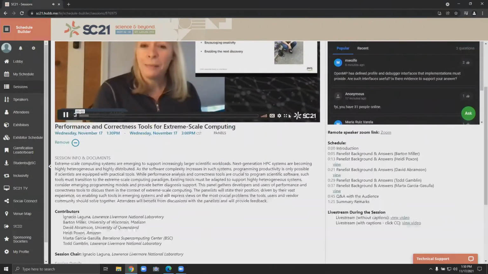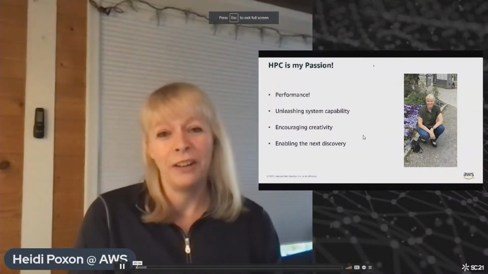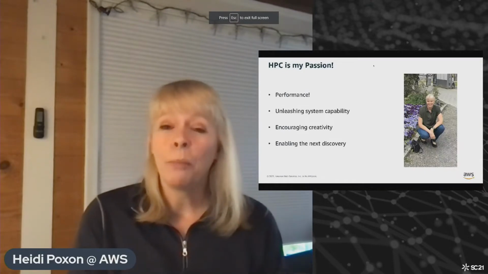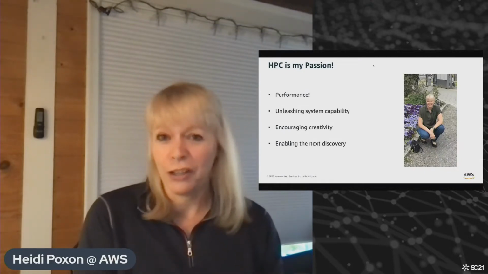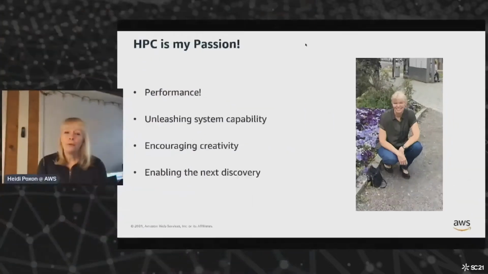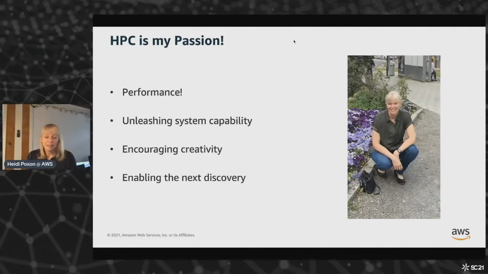Hi, my name is Heidi Poxon, and it's a pleasure to be here on the panel today to talk about performance and correctness tools and how we can advance them for our next generation supercomputers. So first I wanted to tell you a little bit about myself. I've been in the HPC industry for most of my career.